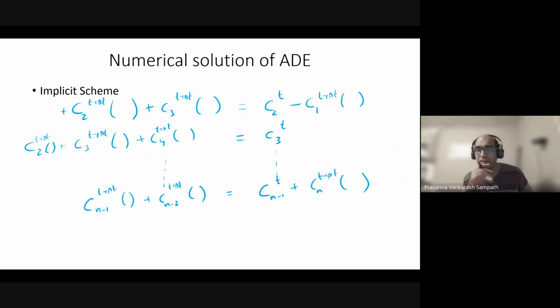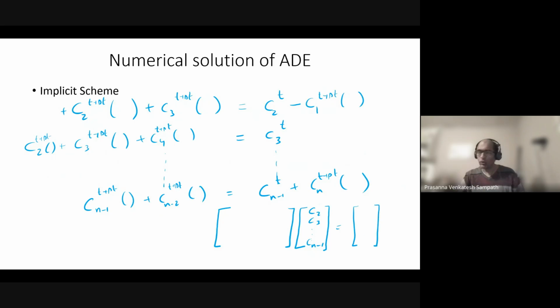So if I write this in matrix form, what are the unknowns? The unknowns are C2, C3, and so on up to Cn minus 1, all of these evaluated at t plus delta t, equal to the right hand side.